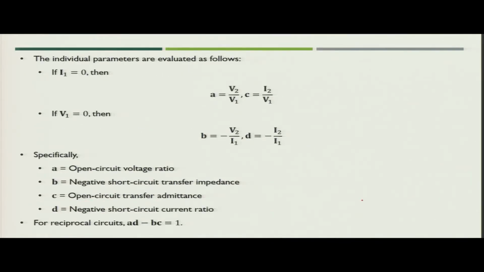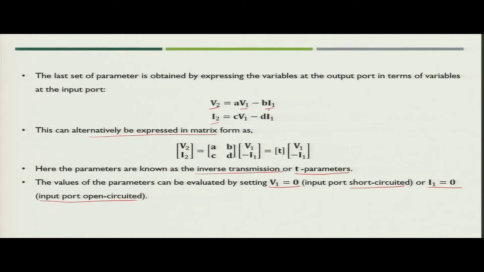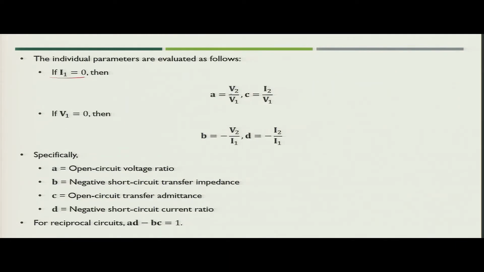First you will set I1 equal to 0. When you set I1 equal to 0, you will get A as V2 upon V1, and C as I2 upon V1. So, A is now V2 upon V1 and C is I2 upon V1.